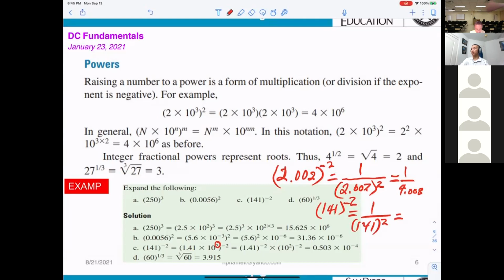Okay, so you take a square root, you get the square of 141. 141 squared is 19881, right? Yeah, that's what I'm getting.